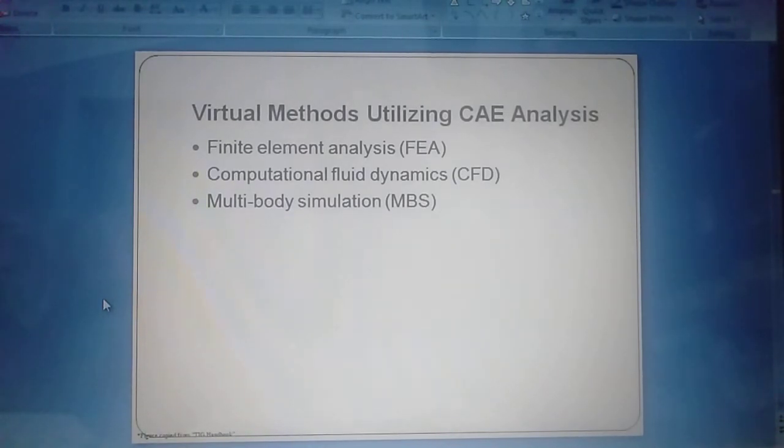FEA works by discretization, that is breaking down a large structure with a high degree of physical complexity and mathematical discontinuity into smaller, more manageable sections. Each section represents the material properties of a local domain.